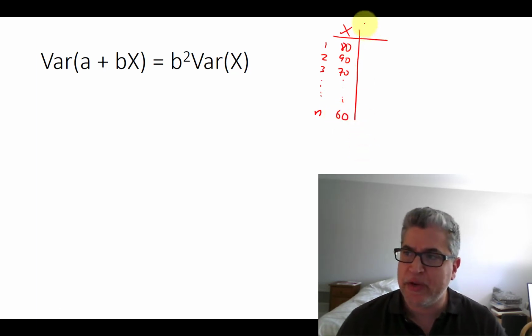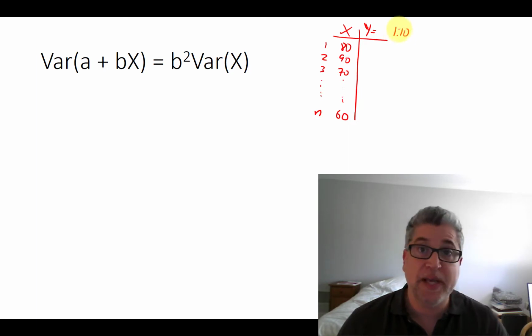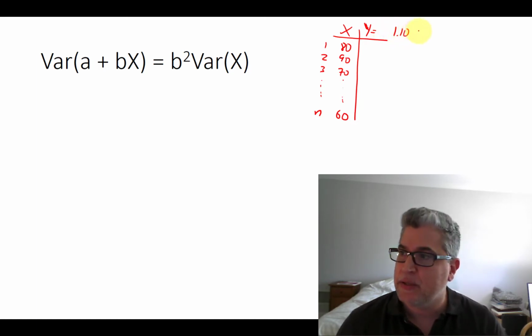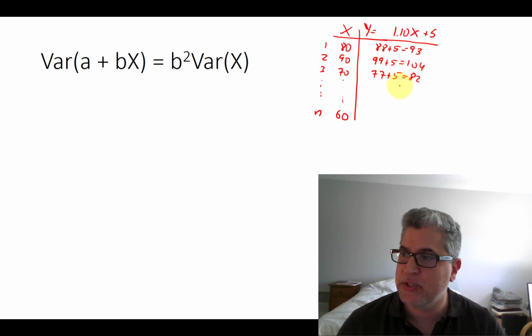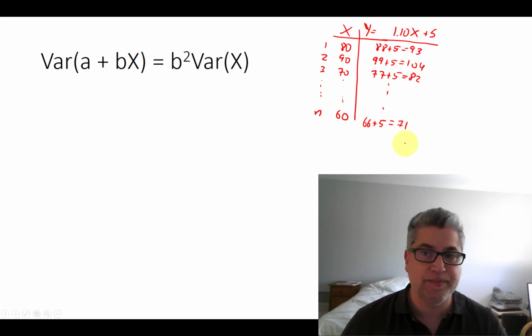And we want to create a new variable, let's call it y or something like that, that takes x and multiplies it by, let's say, increasing it by 10%, and then adding 5 to it. And if we do that, then we would get 88 plus 5, which is 93. We would get 99 plus 5, which is 104. We would get 77 plus 5, which is 82. And 66 plus 5, 71.